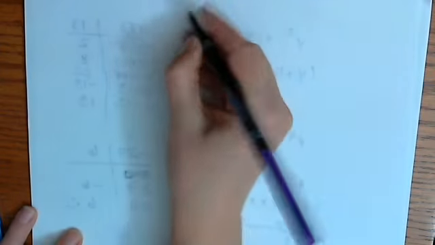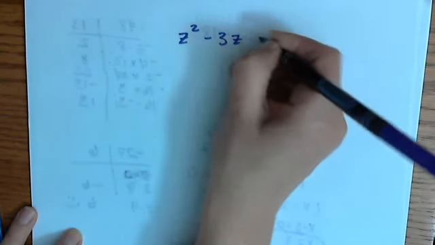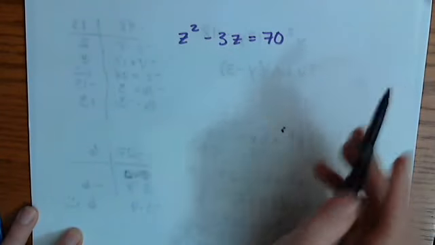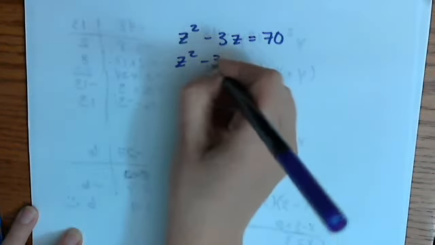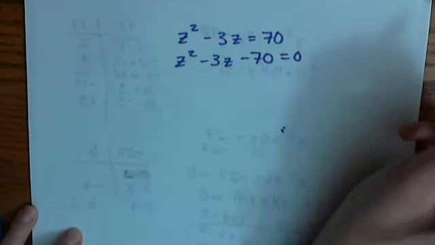So in your book, on your own, I want you to do 4a. Pause the video and come back when you're ready. 4a is z squared minus 3z equals 70. Again, it only works when we have something equal to 0. So z squared minus 3z minus 70 equals 0.